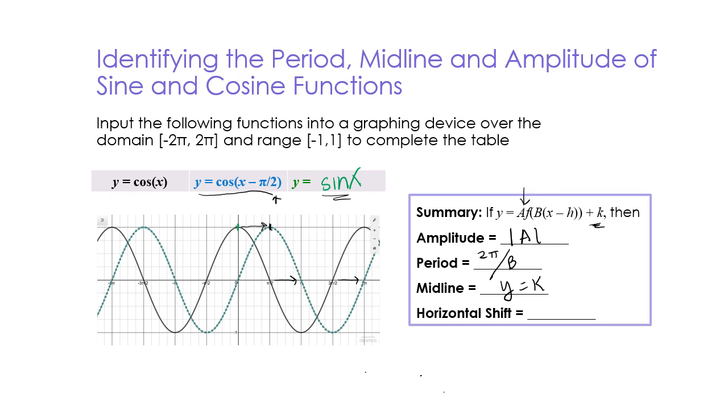And then the horizontal shift is that h value. Here this would be that horizontal shift of pi over 2, which moves everything over pi over 2 units to the right. We'll talk about horizontal shifts more in a later section.